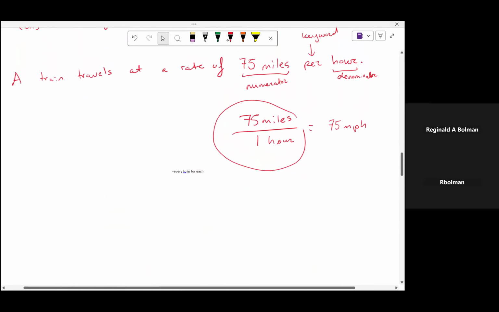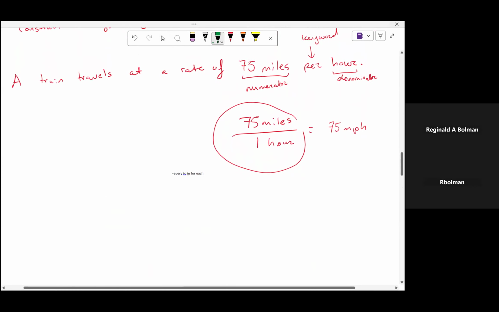The only interesting thing about rates is that you're going to have some unit of measure in your numerator that is potentially different than the unit of measure in your denominator. So if you'll see in this example, we have 75 miles in our numerator, but the unit in our denominator is actually hours.